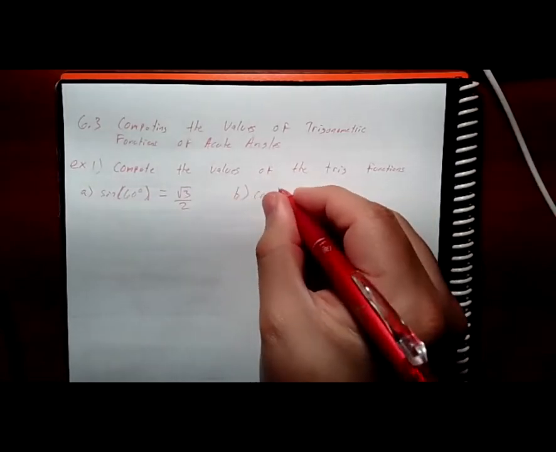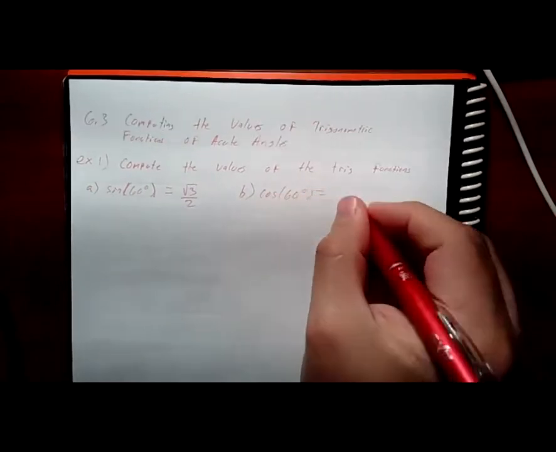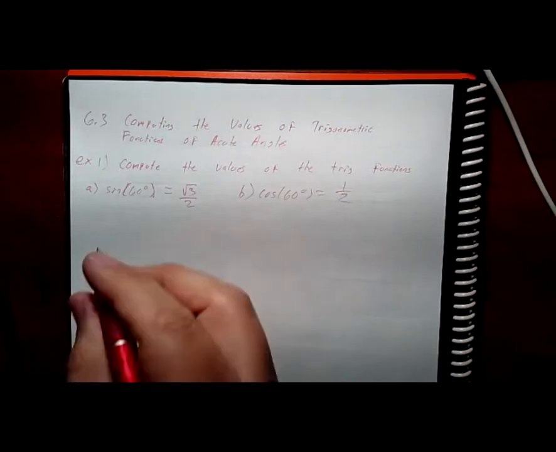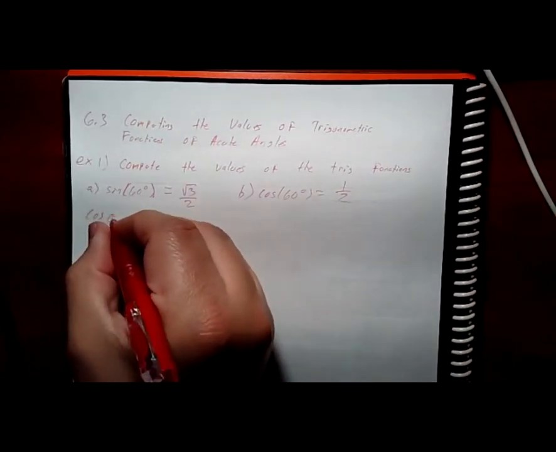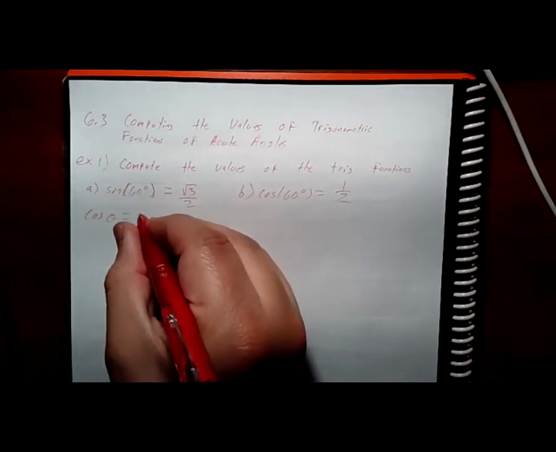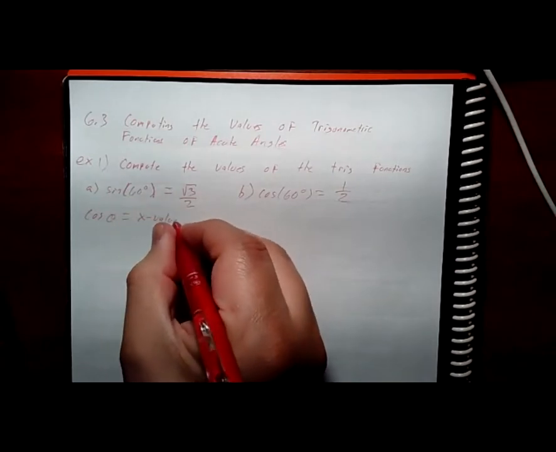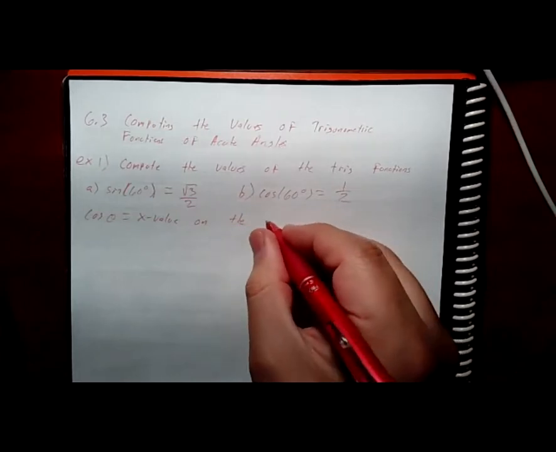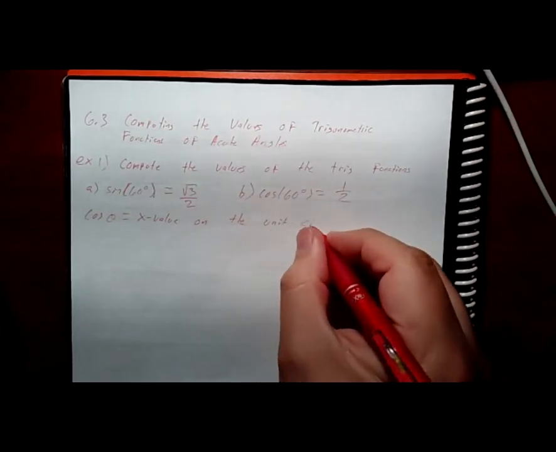So cosine of 60 would simply be the x value. Okay, so just a quick note, cosine theta is equal to the x value on the unit circle.